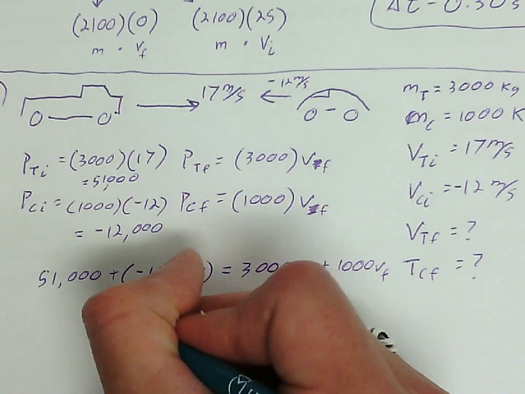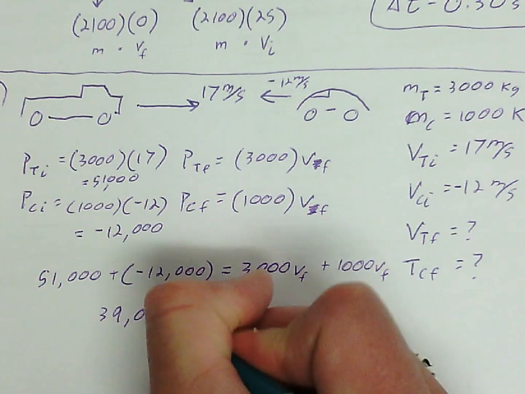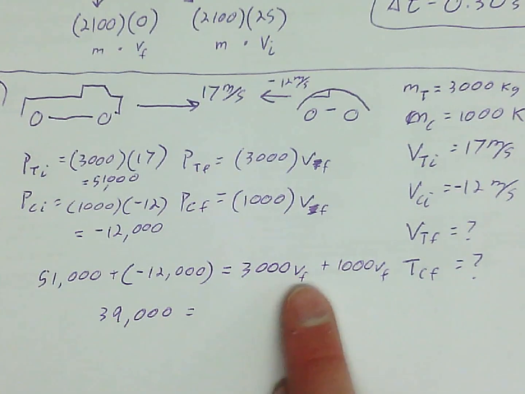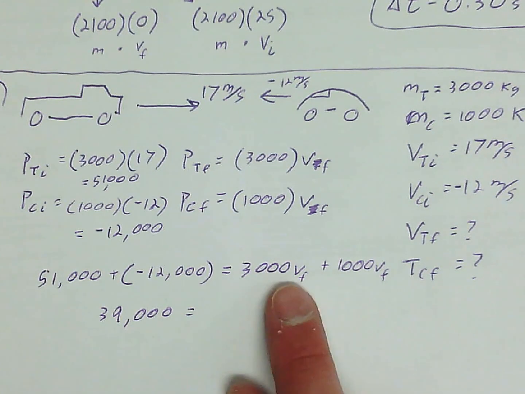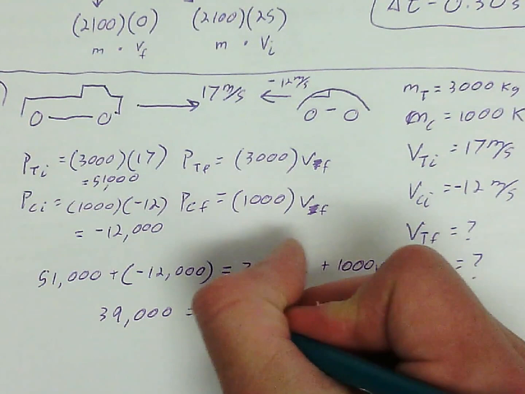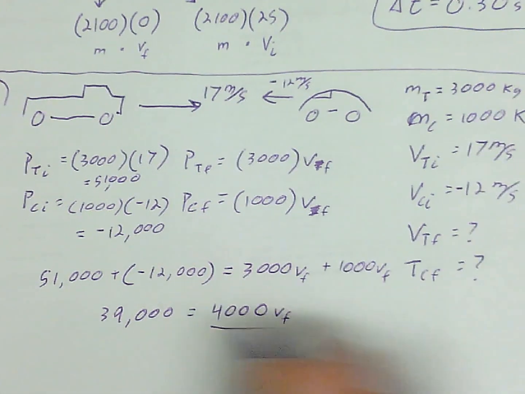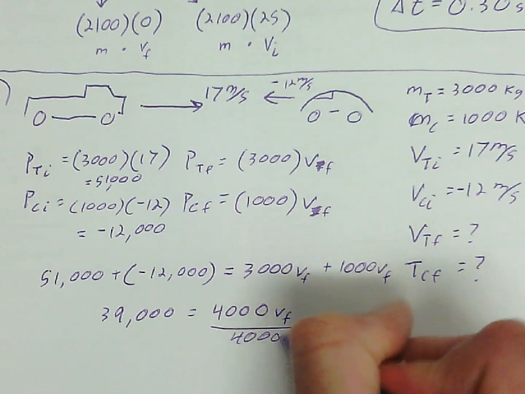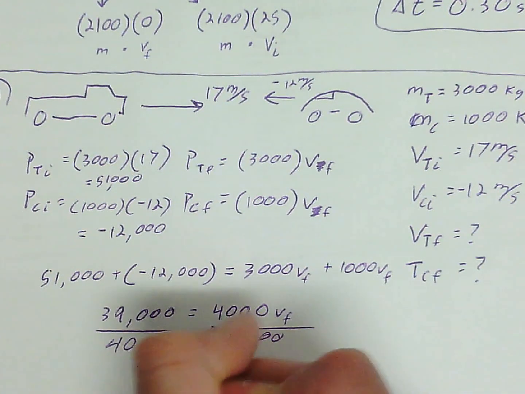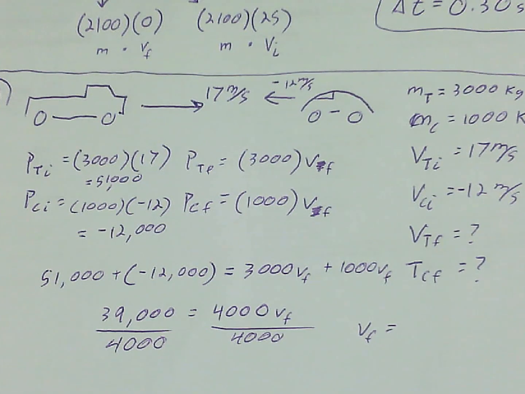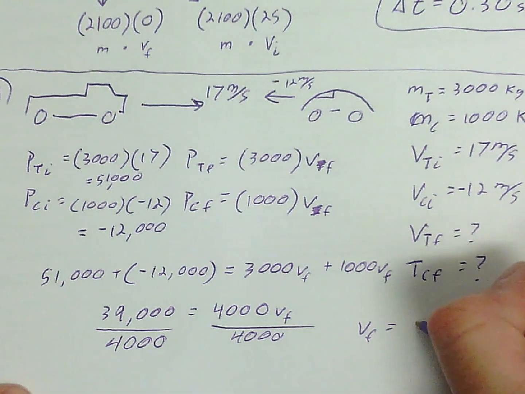Okay, 39,000 equals 3,000 VF plus 1,000 VF, but they both have VF, a common term, like terms. So you add them together, you get 4,000 VF. Divide both sides by 4,000 and you get VF equals 9.75.